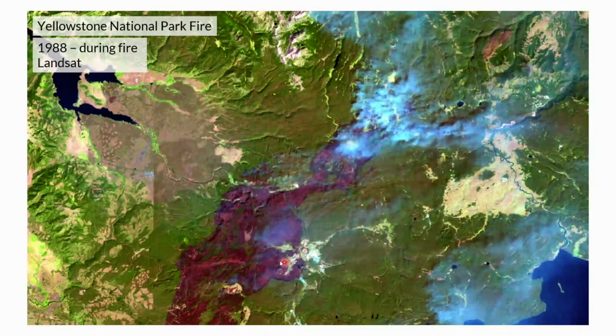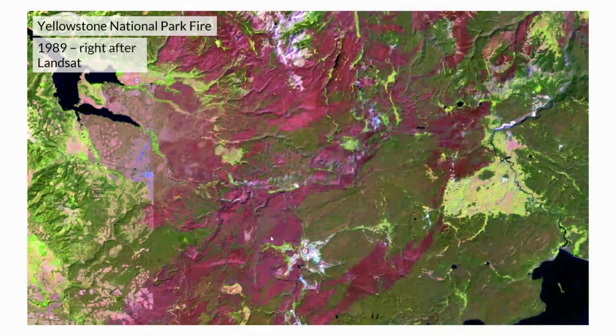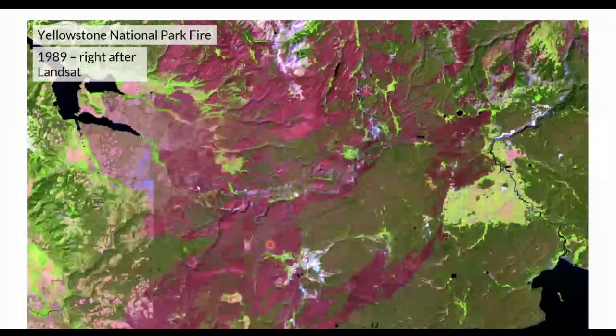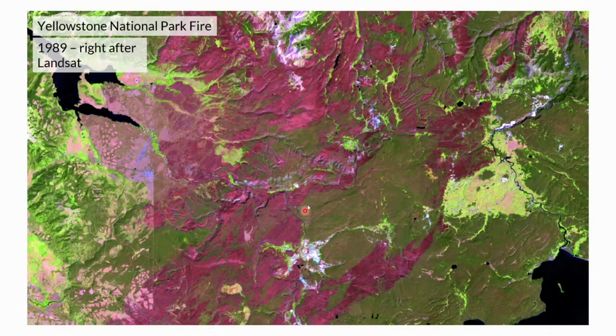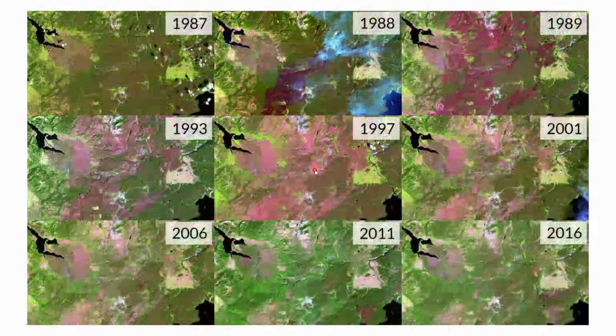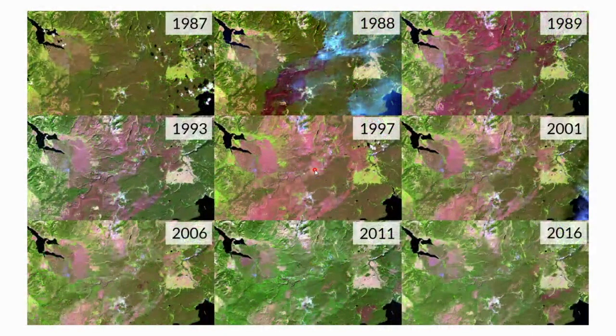We can see the fire spreading here, and that's the image from right after the fire, like the year after. So all those magenta, those pink or violet parts are actually burned. Also using satellite images, we can monitor how it changes and how it recovers as well.